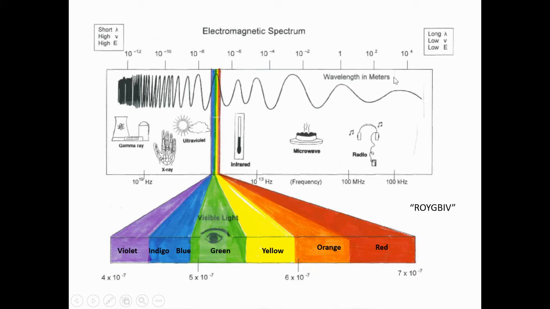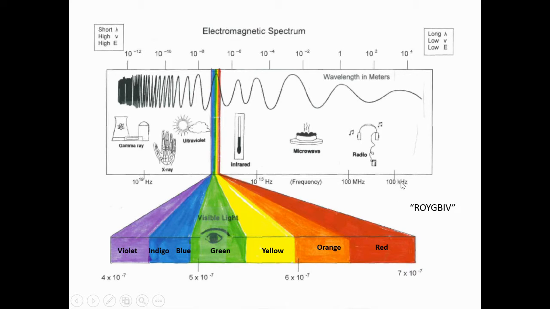Because frequency is inversely related, they have a relatively low frequency. So a wavelength in the range of 1 to 1,000 meters and a frequency in what we call 100 kilohertz. Kilo means thousand, hertz is the unit for frequency. So this is a relatively low frequency.